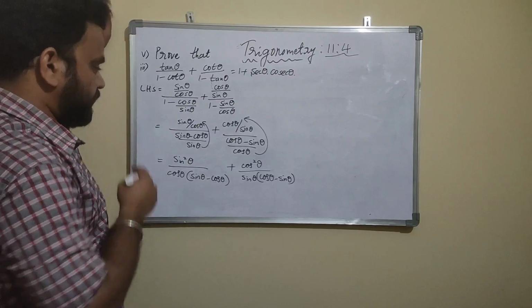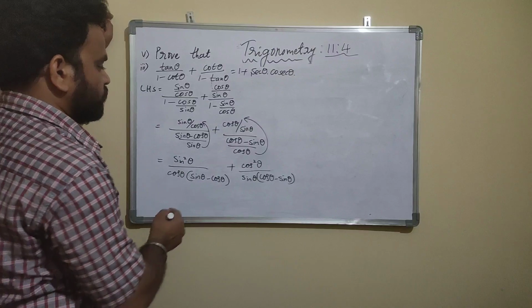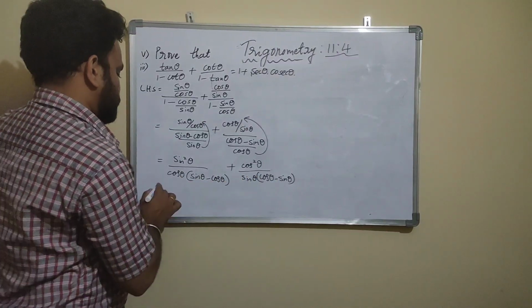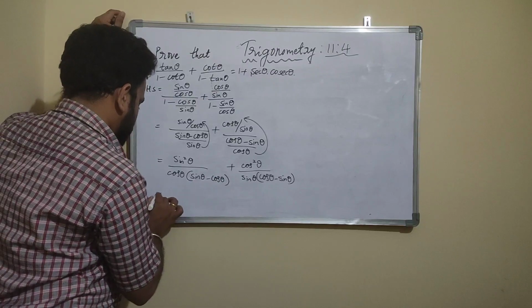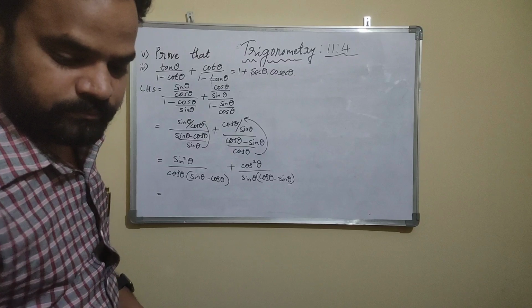Then what is LCM again? LCM is again sin theta into cos theta, plus cos theta into this as it is. So what we can write here is sin square theta.